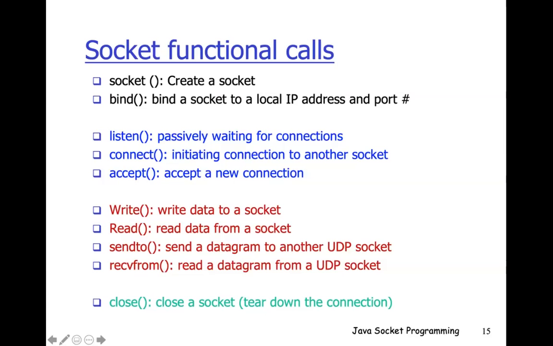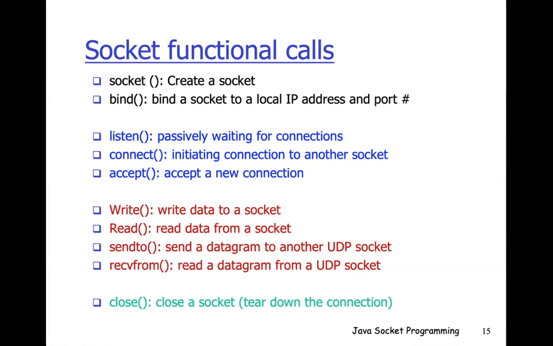Okay, several socket functions. You can create a socket. This time, we don't use bind, but you can. Bind binds the local IP address and the port number. This one is required in C, but Java will do it by default.